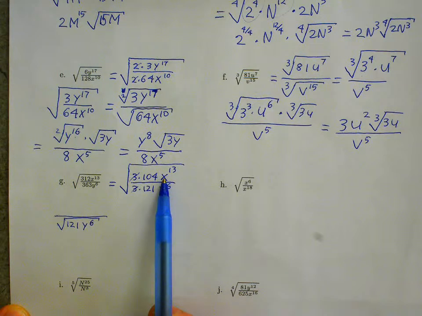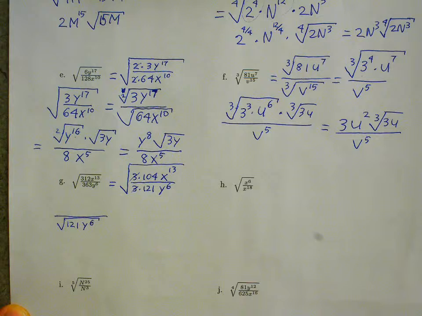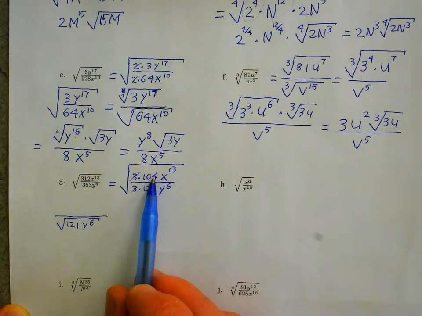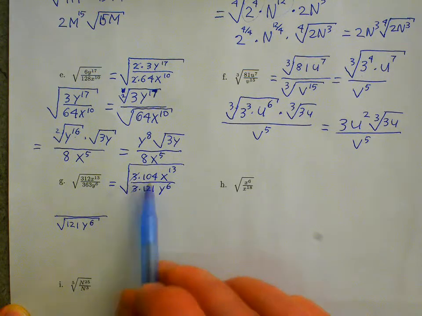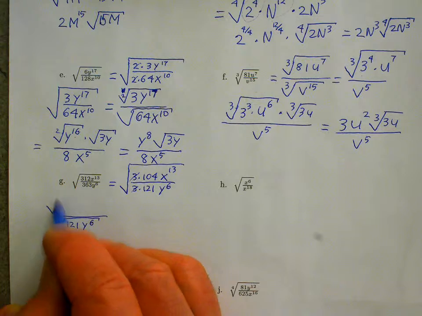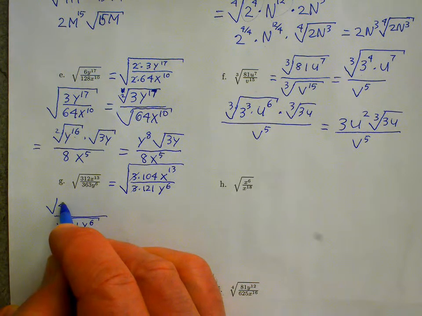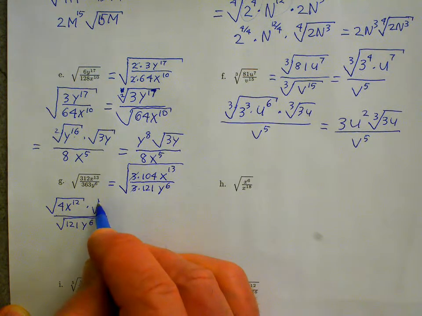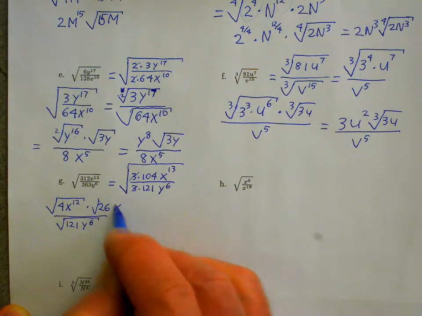And the largest factor of x to the 13th that is a perfect square is x to the 12th. So let's rewrite the numerator, replacing the square root of 104 times x to the 13th with the square root of 4 times x to the 12th times the square root of 26x.